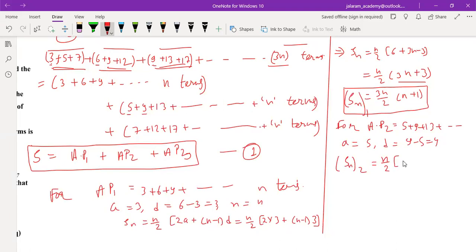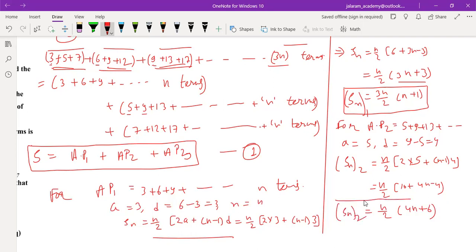The formula we have already written once, so there is no need to write it again, or if you want, that is also not incorrect. So n by 2, 2 fives are 10, plus (4n minus 4). So n by 2 into 4n plus 10 minus 4, which is 6. So the sum of n terms of the second AP is n by 2 into (4n plus 6).